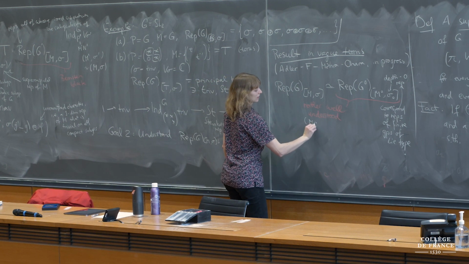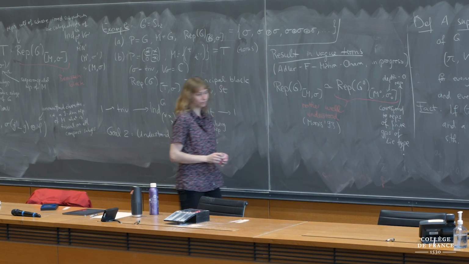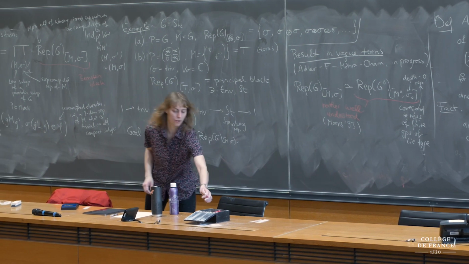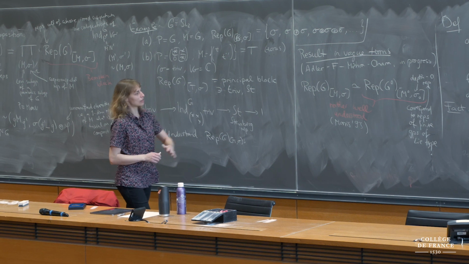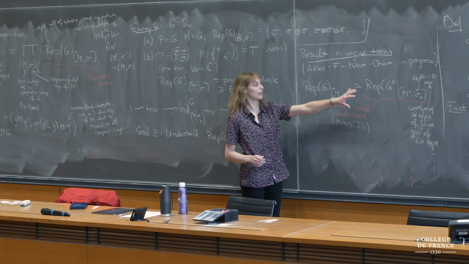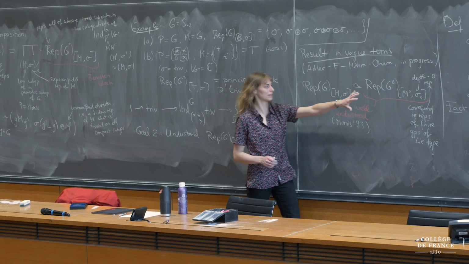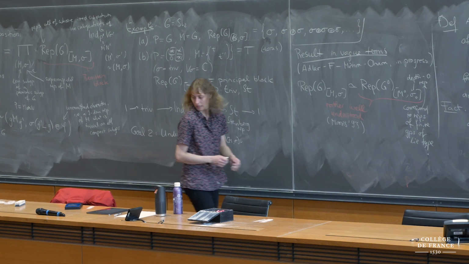For example, Morris had some important work in '93 on that, and we extend this further. So I will explain more about what we know. I mean, we know that this is equivalent to the category of modules over a nice algebra, and we can describe this algebra rather explicitly. So that's something well understood.